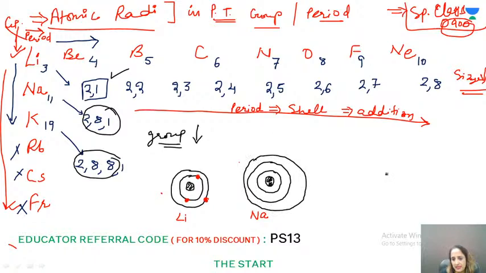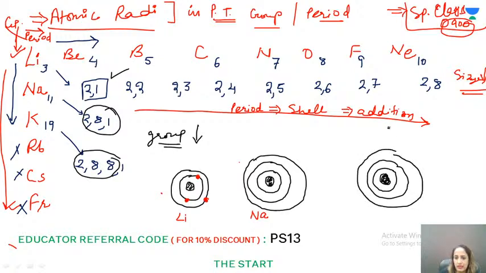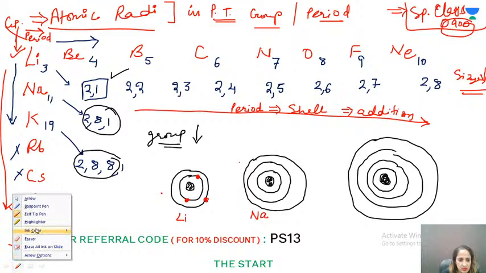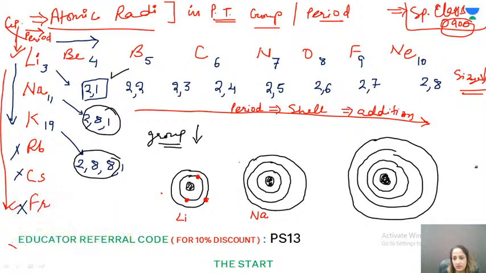Similarly for potassium, this is the nucleus, 2, 8, 8. I'm sorry, please excuse my these shells, okay. So this is your, let me have a red color. This is your potassium. All right.